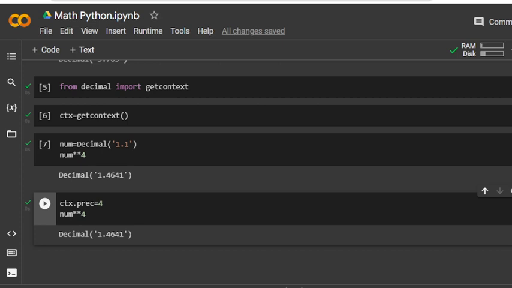So when we set the precision to 4, rather than the default 28, we see the fourth power of 1.1 is rounded to 4 significant figures.